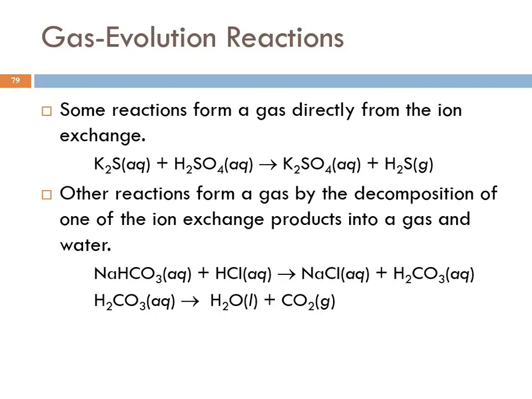It bubbles and fizzes, right? If you've ever made a volcano in school, that's probably what you used. Well, when we look at what happens when these ions change places, we get sodium chloride, which is salt, and we get H2CO3, carbonic acid. But carbonic acid is unstable, and it decomposes into water and carbon dioxide, and there's the gas that we see bubbling out.